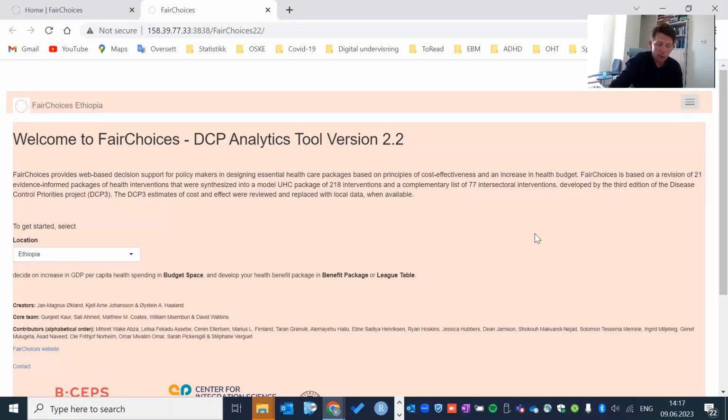We can work on parametrizing the model with better data input, because maybe you want better data on costing, maybe you want better data on epidemiology, maybe you have better data on baseline coverage. Those are the three most important sets of parameters where we would need to work together, and we can populate and parameterize the model together.